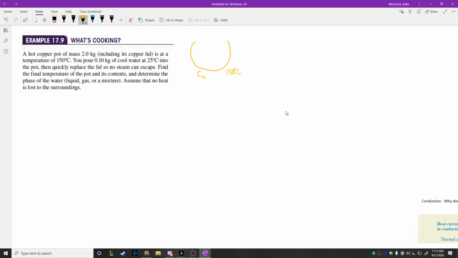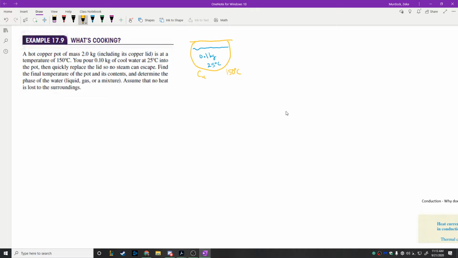You pour 0.1 kilograms of cool water into this. So we're going to pour 0.1 kilograms of water. And the water is at 25 degrees Celsius. And then we put a lid on it so that no steam can escape.